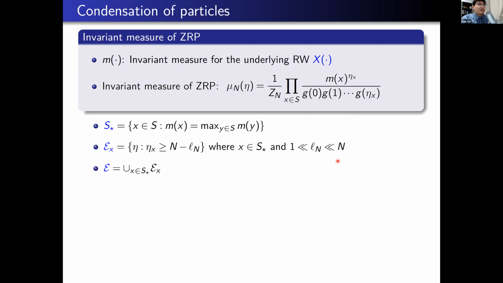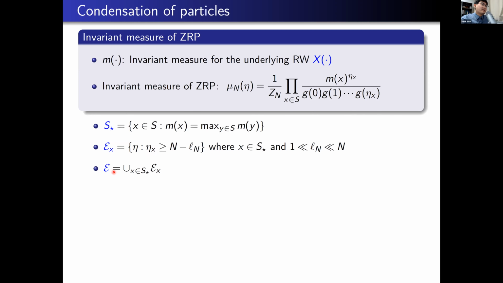For example, you can take l_n as log n or n to the 1/3 or something like that, any such number. So for a configuration belonging to E_x, almost all the particles are condensed at the site x, right?